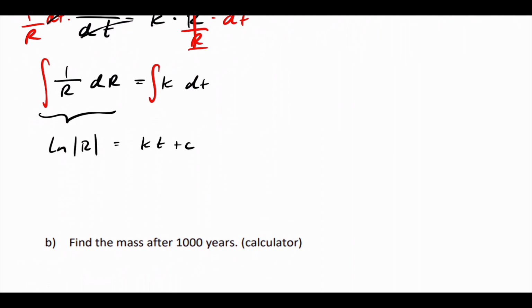When you keep doing the same thing over and over again, it's okay to start skipping steps. I don't mind you skipping steps. What is this going to equal? It's going to equal R equals what? E. There you go.